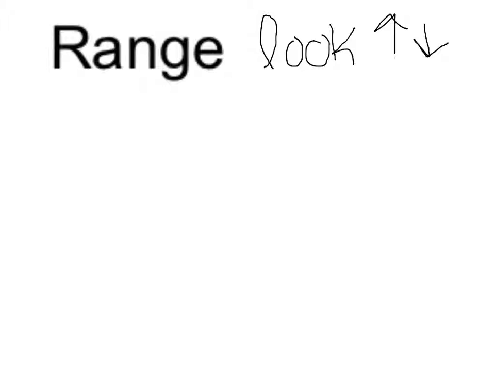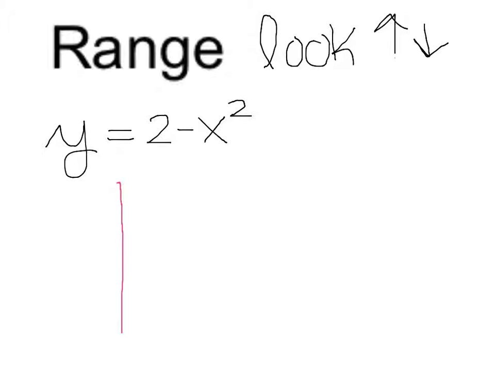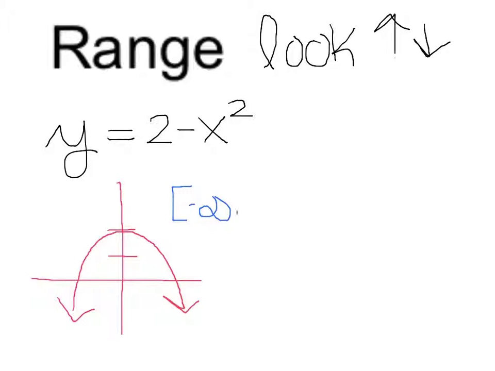So if I were looking at, let's say, y equals 2 minus x squared, I would have to know that that graph is shifted up 2, that it's a parabola, that it's upside down, and now as I look at that function, it goes down forever and it goes up to 2, so the range goes from negative infinity up to 2. So domain is about restrictions, range is about looks. Domain is left and right, range is up and down.